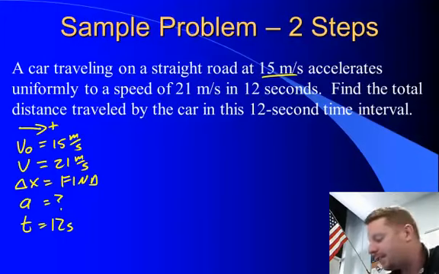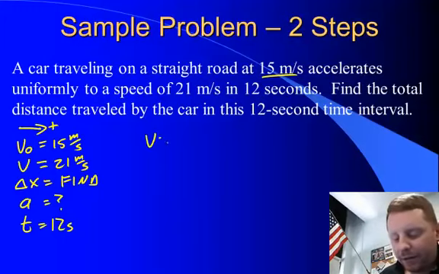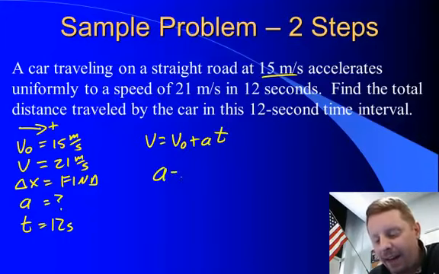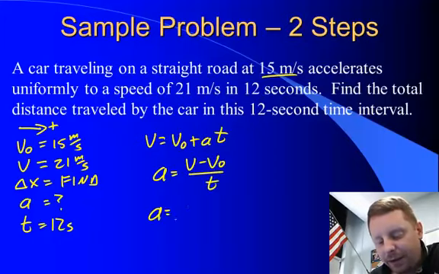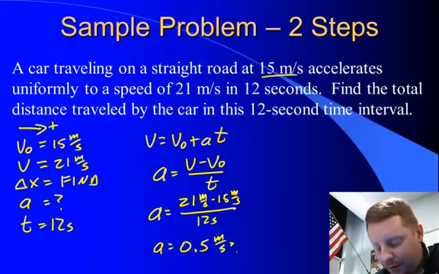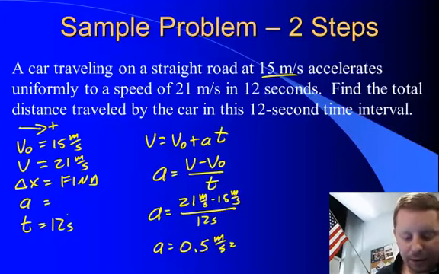So if I solve for the acceleration first, I could use v equals v naught plus at, rearrange this to solve for a equals v minus v naught over t, substitute in with units, 21 meters per second minus 15 meters per second, all over 12 seconds. 6 over 12, a equals 0.5 meters per second squared. A is no longer unknown, it's 0.5 meters per second squared.